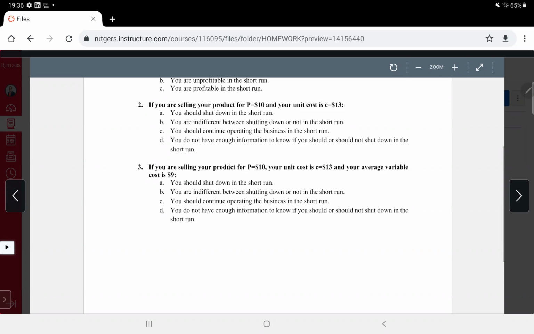But we're covering all of the variable cost, which is $9, and we have $1 left to cover some of the fixed costs. So we continue operating in the short run, because if we shut down, we'll have to pay for all of the fixed costs. So question 3 is 3C as in Charlie. You should continue operating the business in the short run.